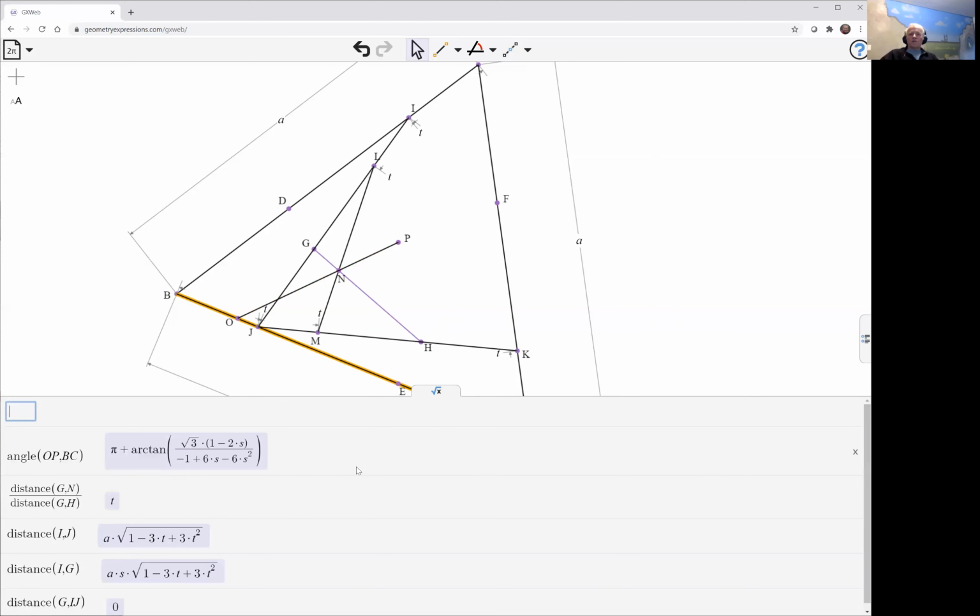Now, that's not particularly simple. We can look at it, but what is important is what it does not contain. It contains S, the distance of D, E, and F along these lines, but it does not contain T.